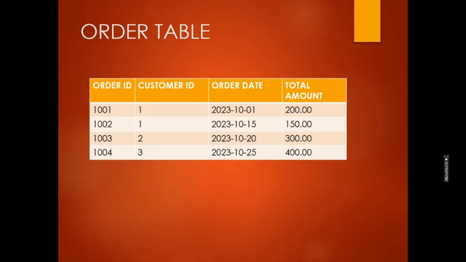So we have order ID 1001, customer ID 1, order date of 2003, October 1st, and the total amount. Everything is as shown in the table. I will not explain each detail, but that's how it is.